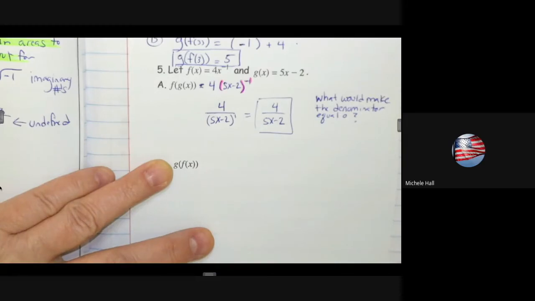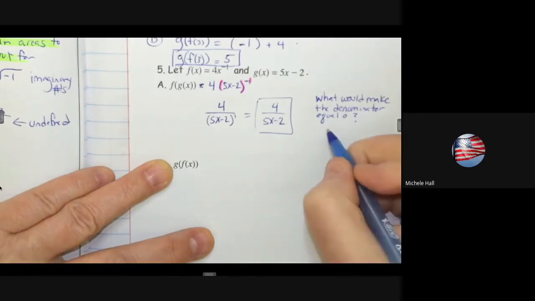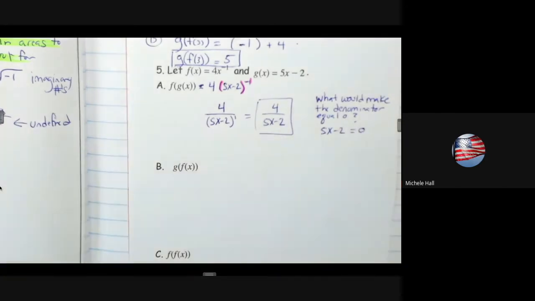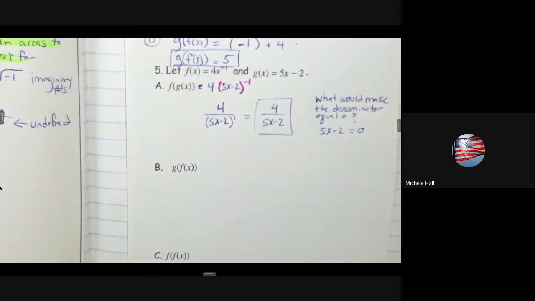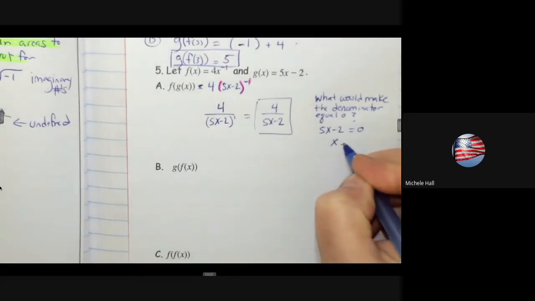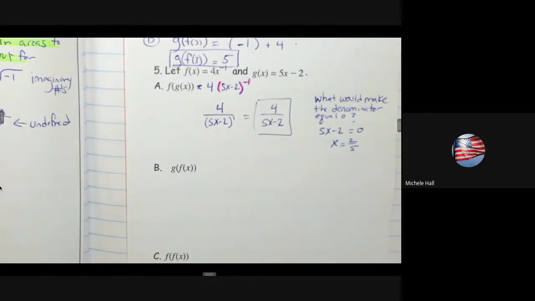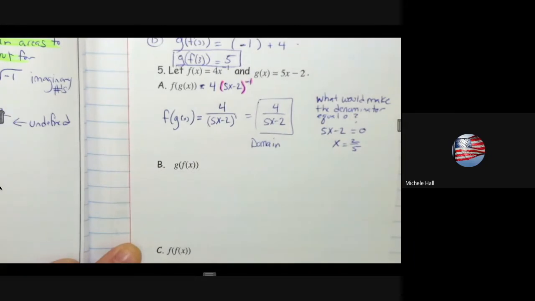Well, use some algebra. Solve for x. Shift 2 over to the other side, divide by 5, and we get x equals 2/5. That is the only number that would make the denominator equal 0. So that means that all real numbers will work except 2/5.